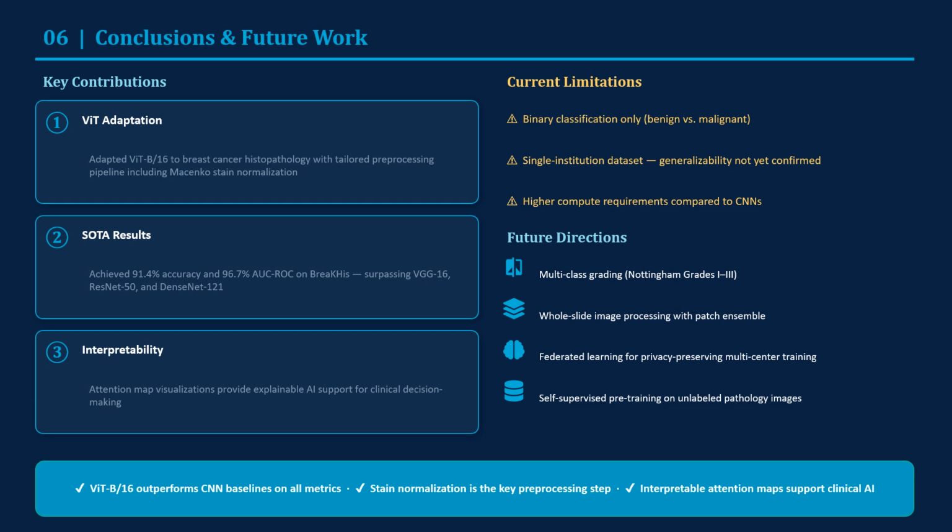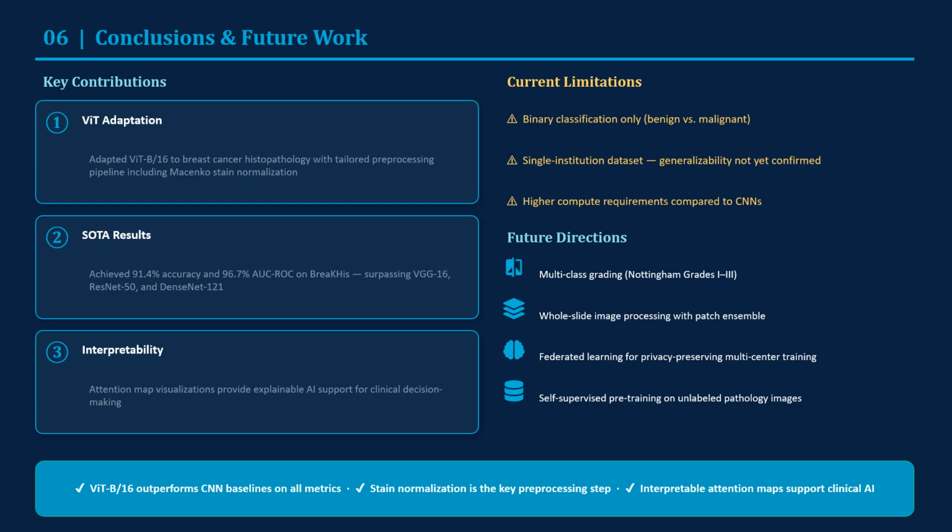Let me now summarize the main points of this work. In this research, we propose a vision transformer-based framework for classification of breast cancer histopathology images. Our experiments show that the proposed model performed better than the three CNN models included in our comparison.